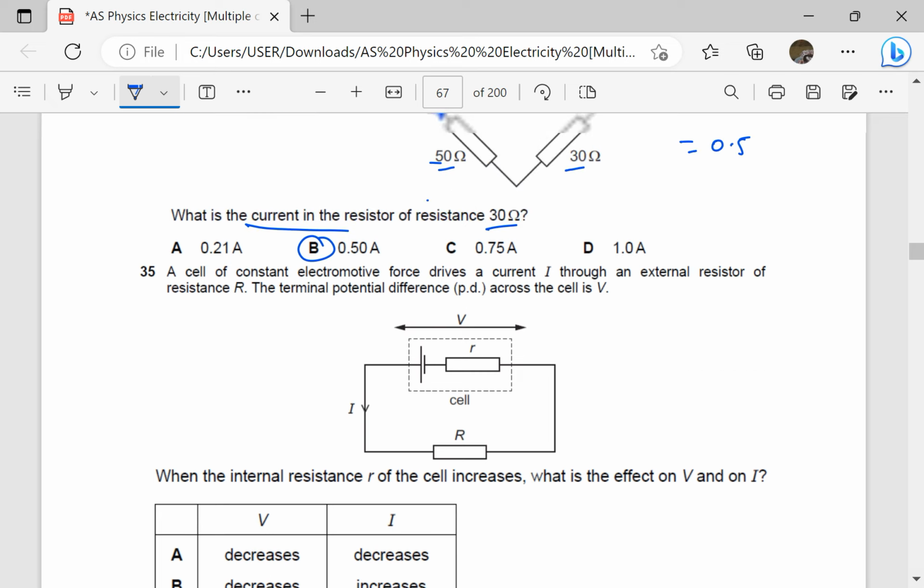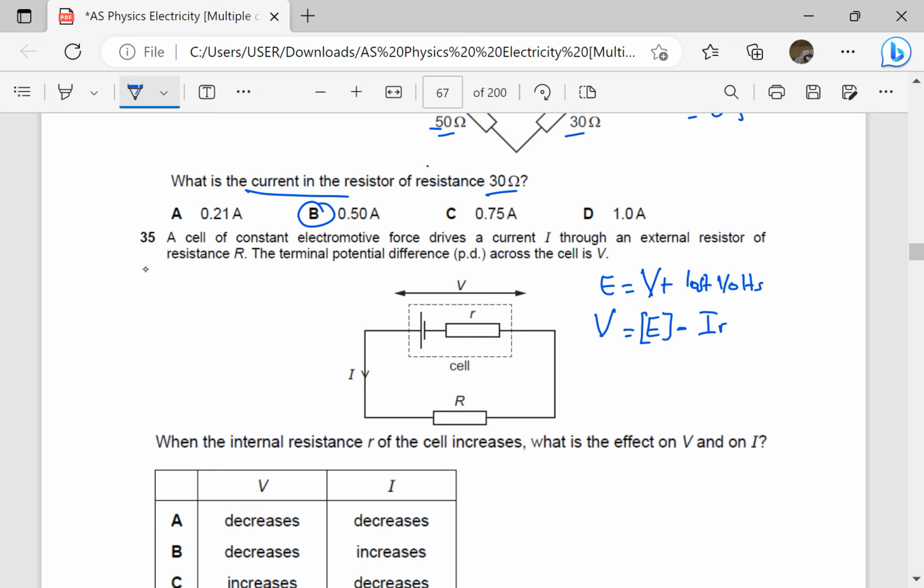Internal resistance increases. Remember, we say the e.m.f. of a cell is equal to the terminal PD plus the lost volts. So the terminal PD V is going to be the e.m.f., which is of course constant, minus the lost volts, which is current times the small internal resistance. So they have said the internal resistance increases.